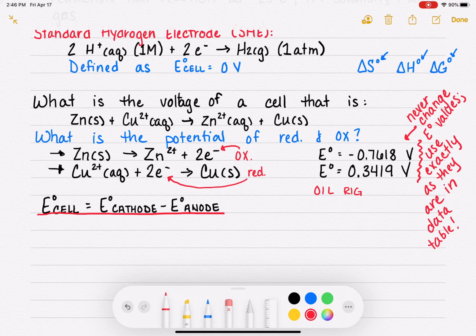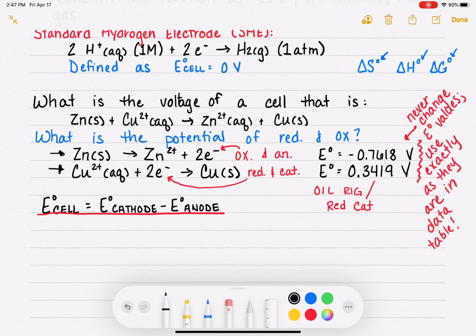So our second half reaction is our reduction. And once we know oil rig, then we remember the cat is red, red cat. So this is the reaction that is taking place at the cathode, and this is the reaction that is taking place at the anode. So we're ready to start plugging things into our E-cell equation.